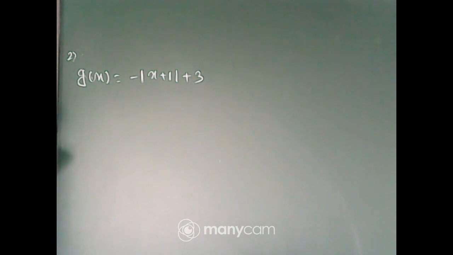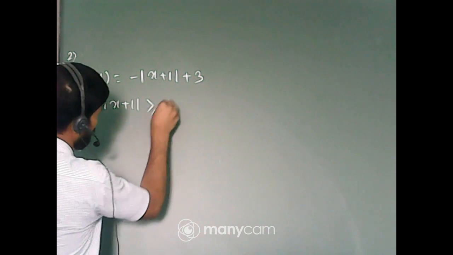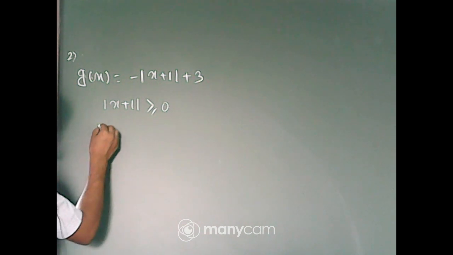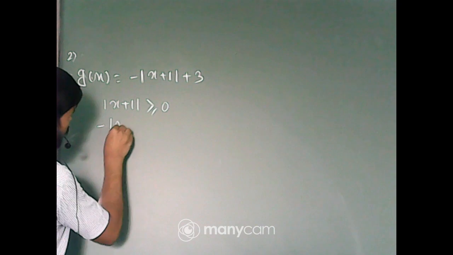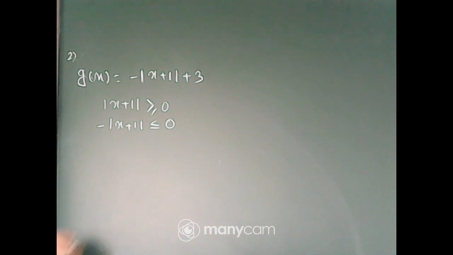Okay, now look, as we just told you that modulus of any function is greater than or equal to 0. So what happens if I multiply this inequality by minus 1? So by multiplying by minus 1 we have mod of x plus 1 will be less than or equal to 0. 0 into minus 1 is equal to 0. Okay, now add 3 to both sides.